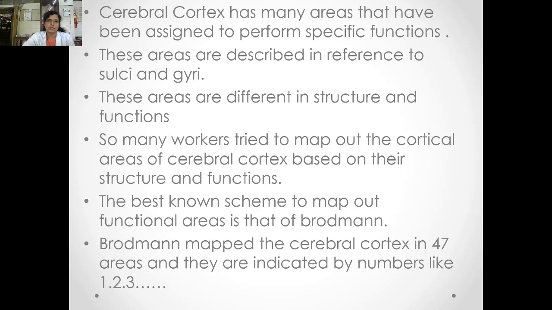But the best known classification of these functional areas is Brodmann's classification, or Brodmann's areas. Brodmann mapped the cerebral cortex into 47 functional areas, and they are indicated by numbers like 1, 2, 3, 4.